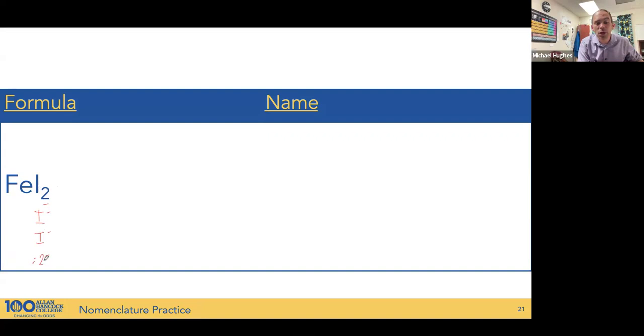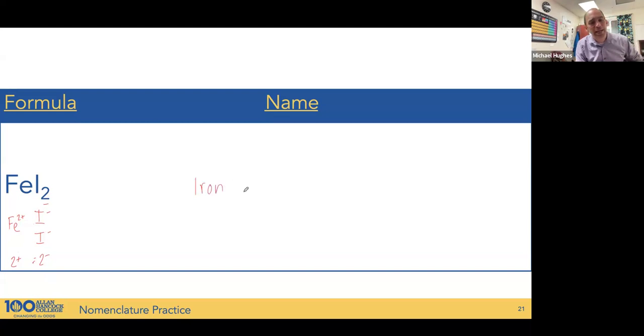That 2 minus charge must balance out with a 2 plus charge. They must sum to 0. And there's only 1 iron to do that job. So that means that iron must be 2 plus for it to cancel out the 2 I minuses that we get from the I2, which means that the name of this species is iron.